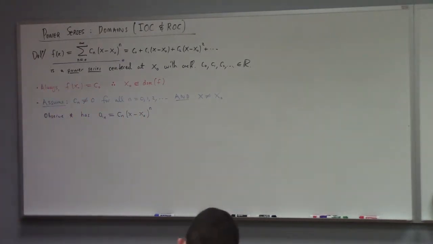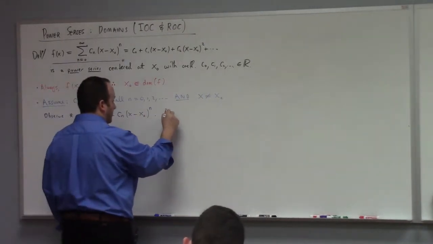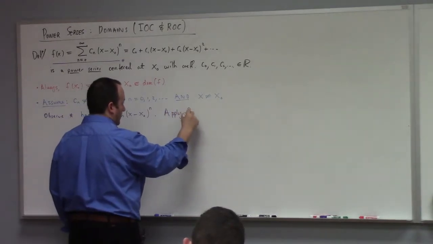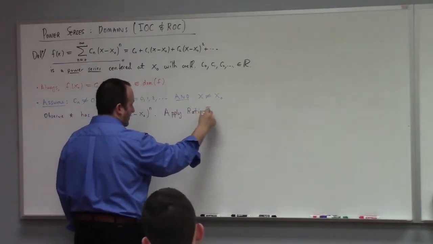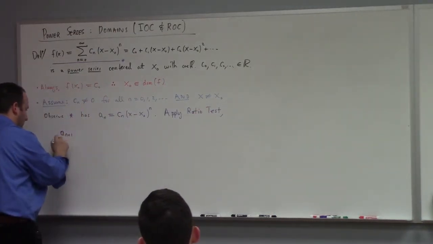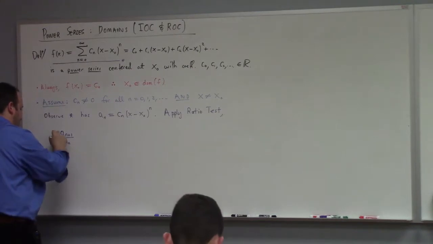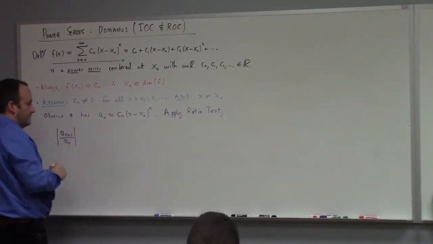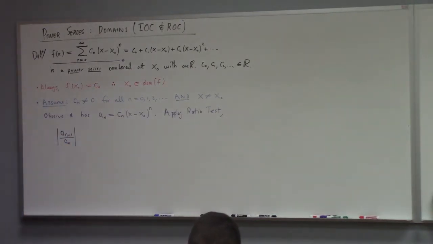That's the nth term in this series for a given x. So we can apply the ratio test to this. So we have a sub n plus 1 over a sub n, and we're going to look at the absolute value of that, all right? We're really going to apply the ratio test to the absolute value of the series, term by term, okay?